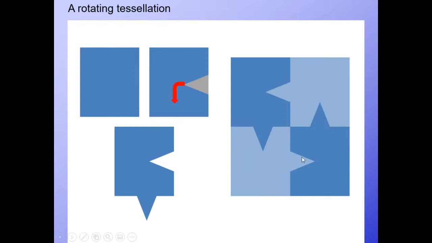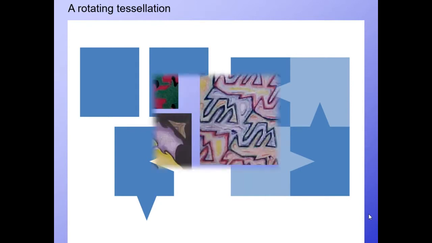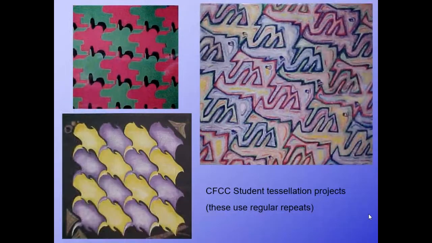It's got a fin and a mouth that he sort of suggested. So the more that you play with these images, you could possibly come up with something as complex as what Escher was able to do. Here are some examples by Cape Fear students that are pretty sophisticated, but are made from essentially simple square and rectangle formats.